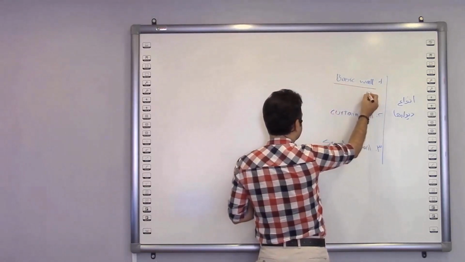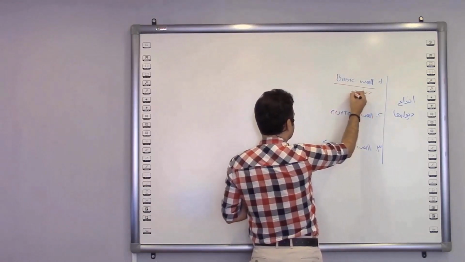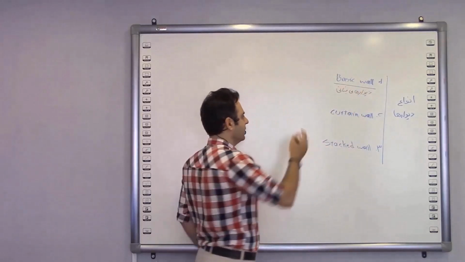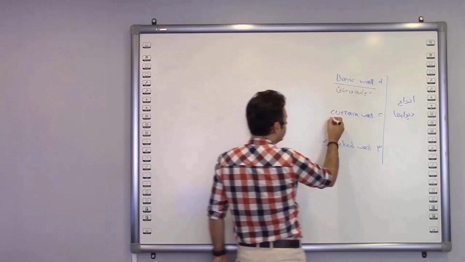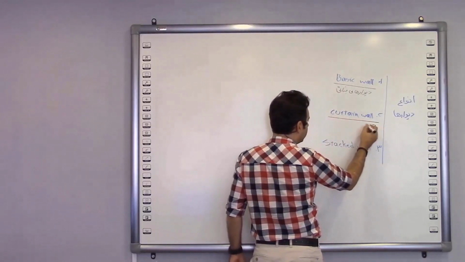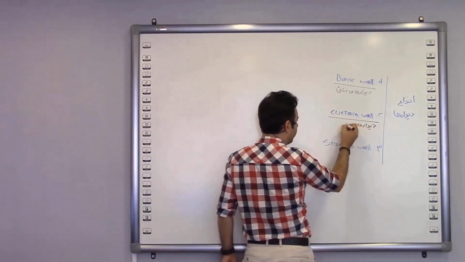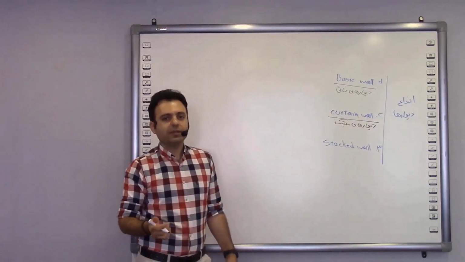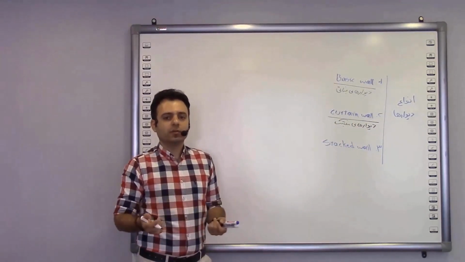So, the basic walls are the building walls. Alright, now curtain wall. Curtain walls are some exterior walls that cover a building.